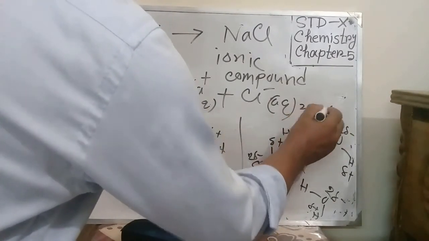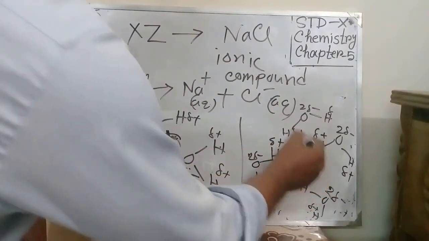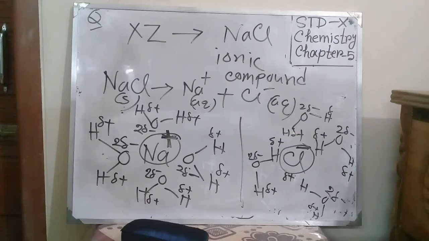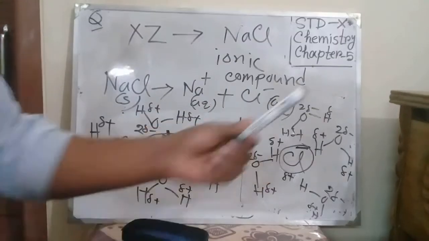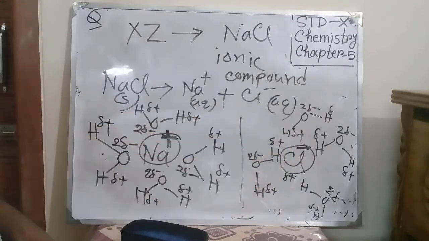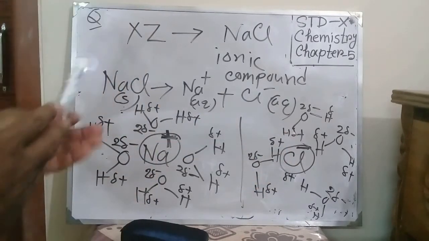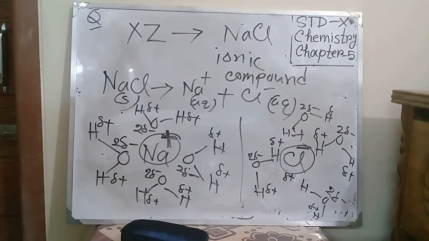So this chloride ion is surrounded by water molecules, but the hydrogen part has come near the chloride ion because this is positive charge and it has negative charge. So like this, water molecules will surround sodium chloride.